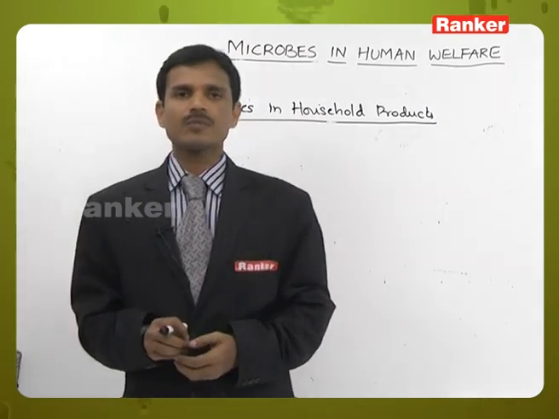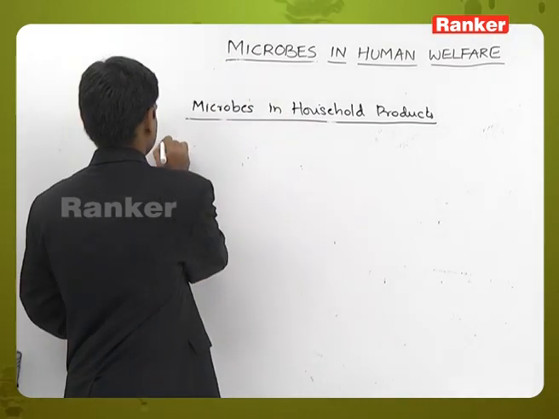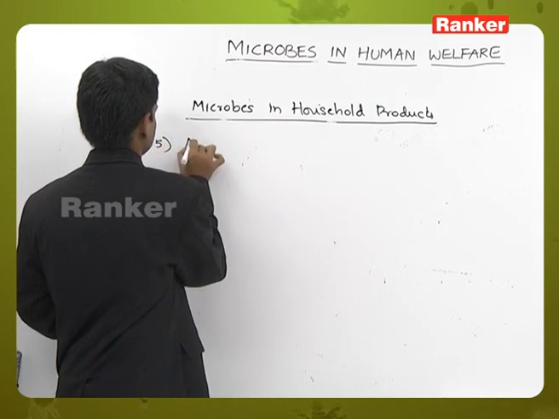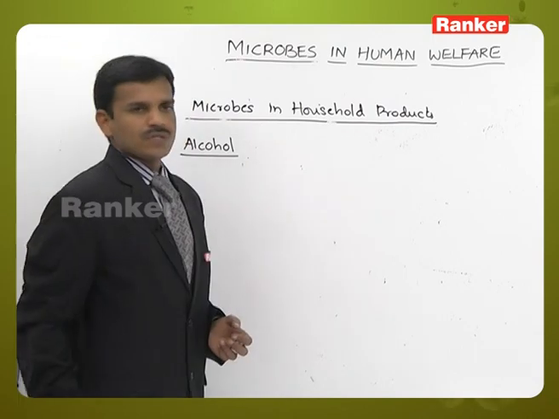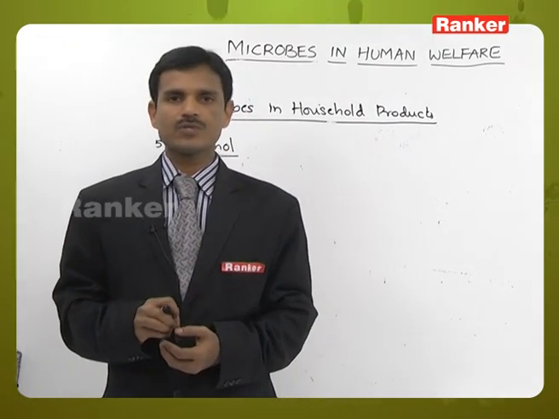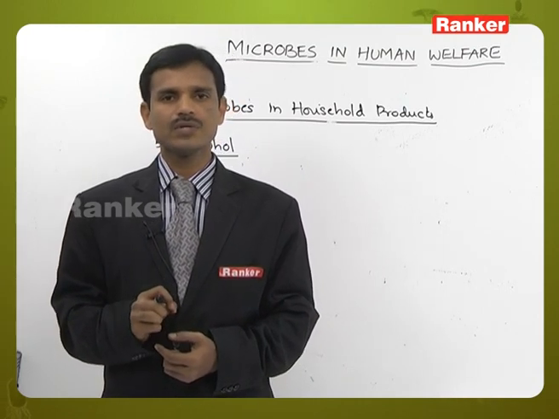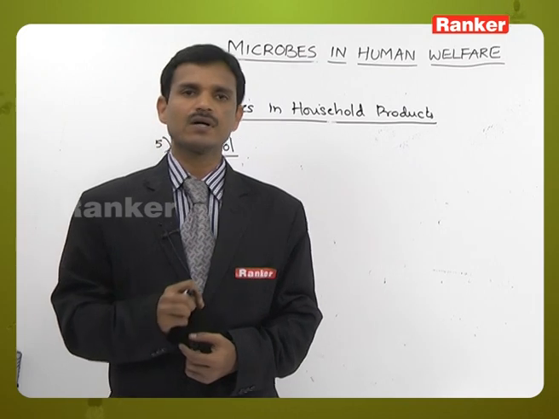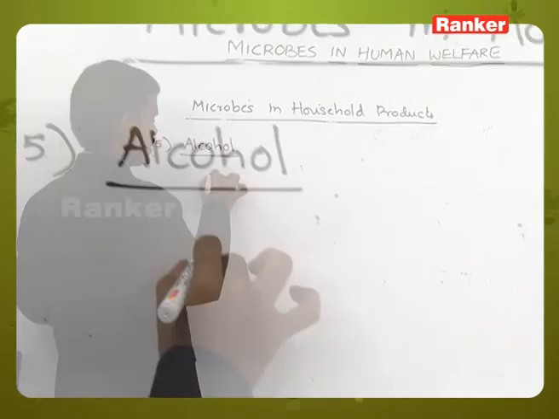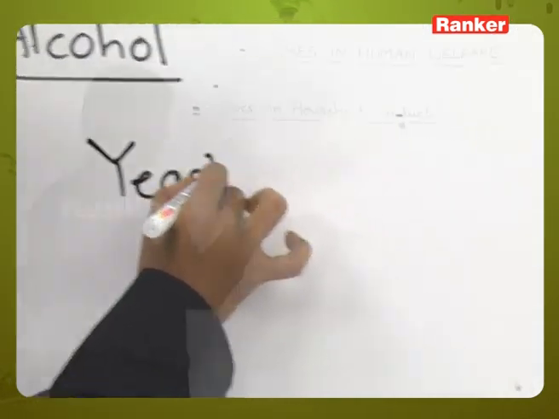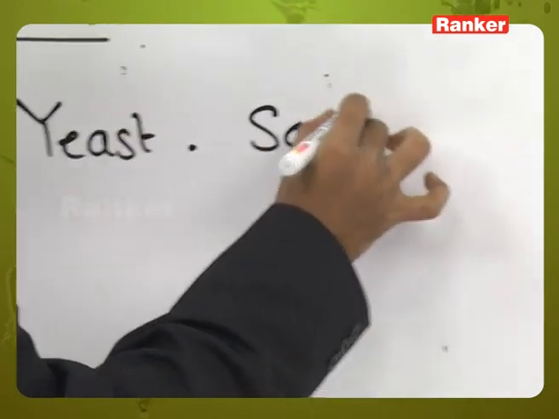And the next microbial product is alcohol. So, a number of alcohols are produced by yeast. The yeast is a single-celled, unicellular, eukaryotic fungal member. Most of the alcohols are produced by yeast. The common yeast is Saccharomyces cerevisiae.